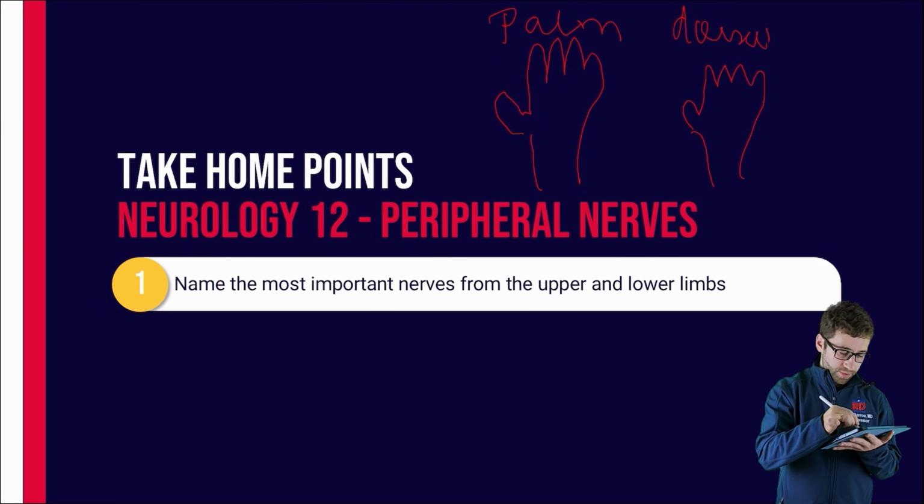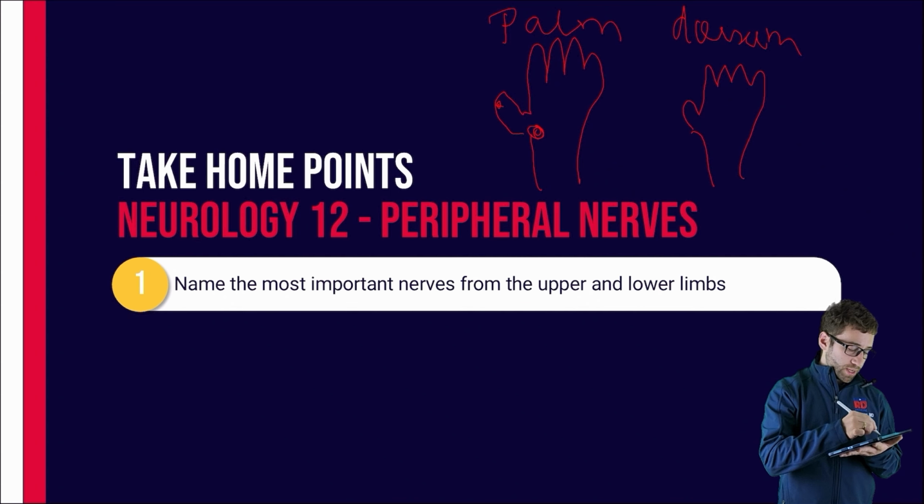Okay? Well, the key nerves are the median, the ulnar, and the radial nerve. The median nerve is responsible for the motor innervation of most of the forearm flexors and the thenar muscles here, and it provides sensory innervation to the palmar side of the thumb, the index, the middle, and half of the ring finger.